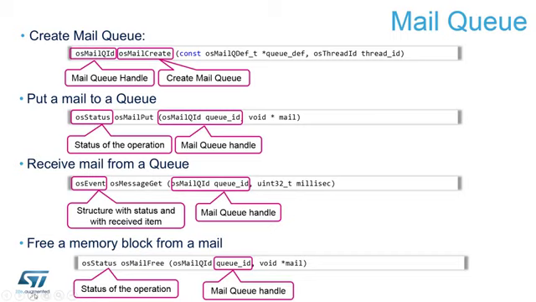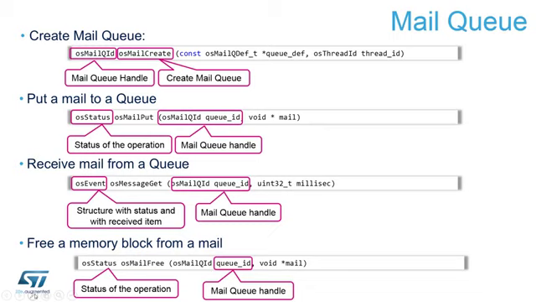So if you want to put the complete content into the queue, so send a snapshot and receive a snapshot, while the sender can start operating on the original buffer or variable, we can use a mail.